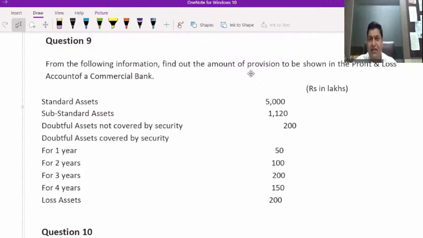And you are given different types of assets. First, you are given standard assets. So 5,000 is standard assets.